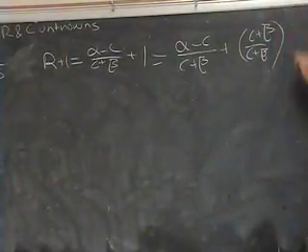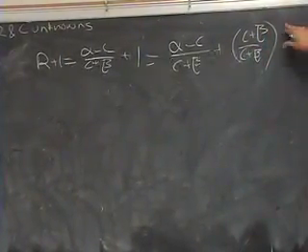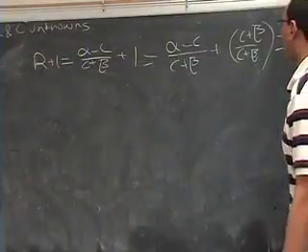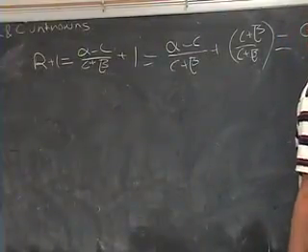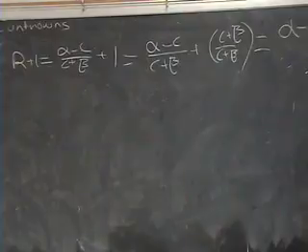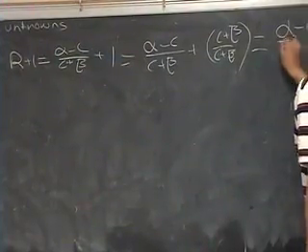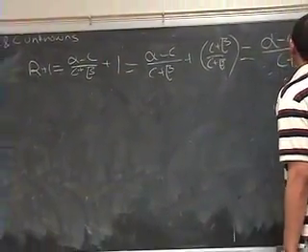I think everybody will agree that this term is actually 1, but if we solve this way, we get a prettier term. We get alpha minus c plus beta over c plus beta.